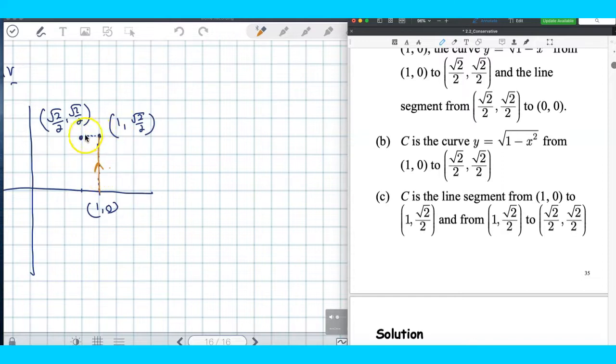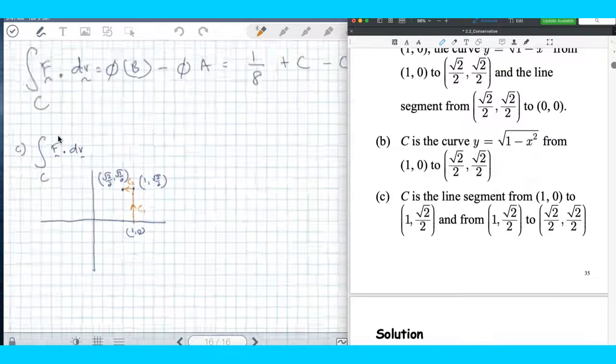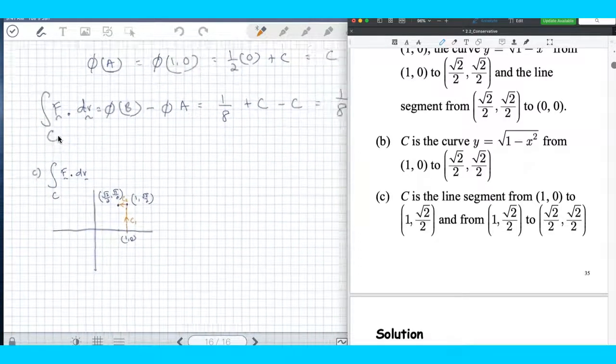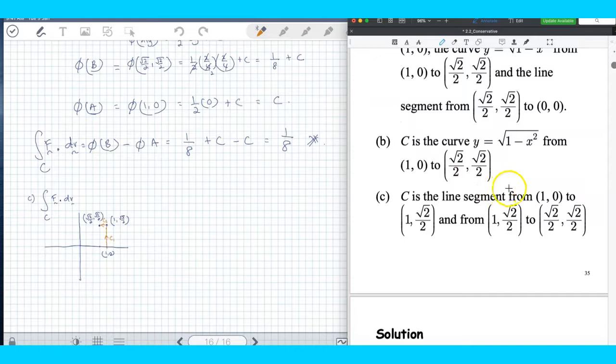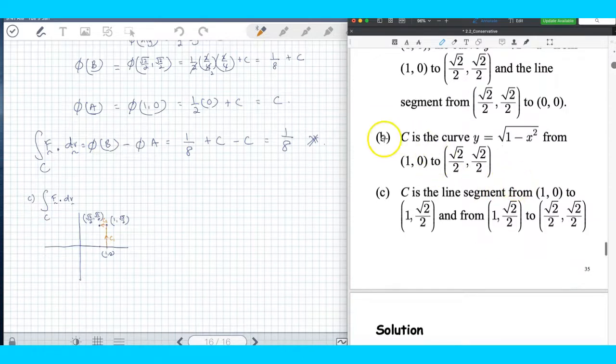And then another line segment from 1, sec 2 over 2 to sec 2 over 2, sec 2 over 2. So you got C1 and C2, both are line segments.